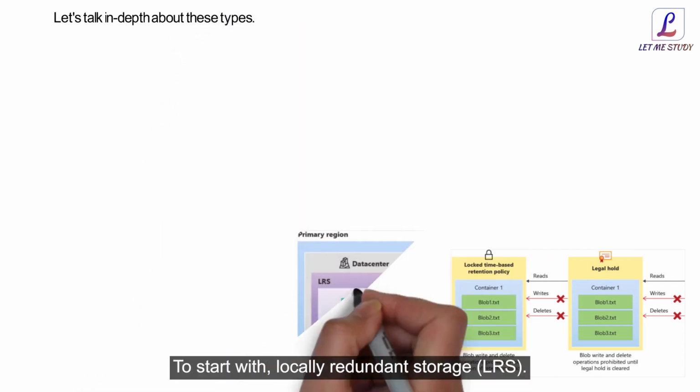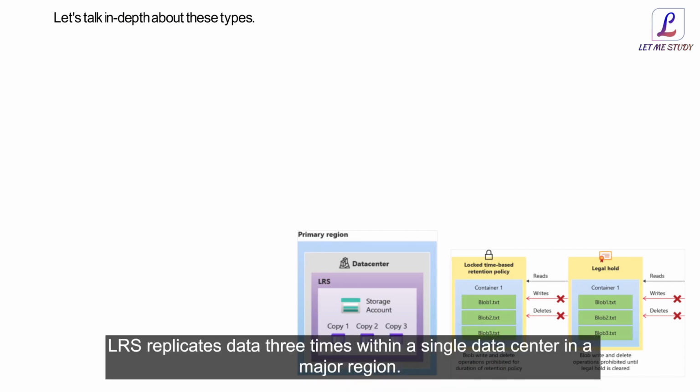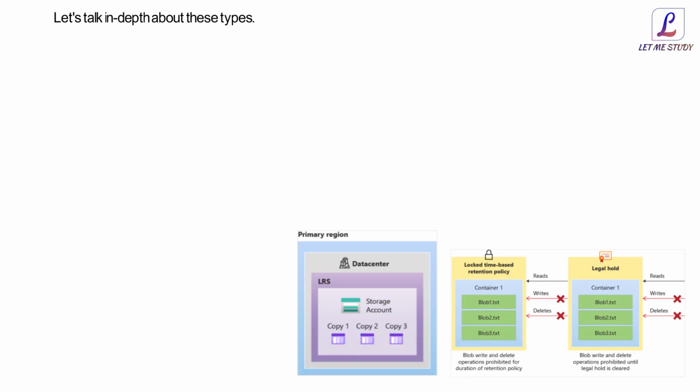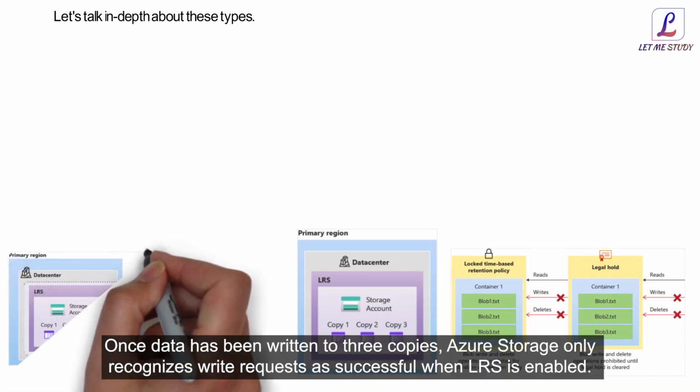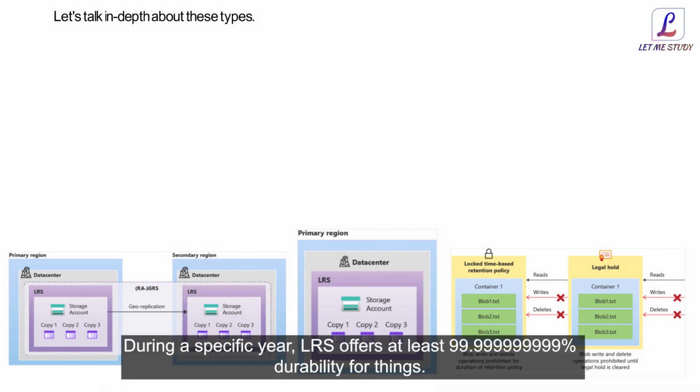To start with, locally redundant storage (LRS). LRS replicates data three times within a single data center in a primary region. Azure Storage only recognizes write requests as successful once data has been written to all three copies when LRS is enabled. During a given year, LRS offers at least 99.999999999% durability for objects.